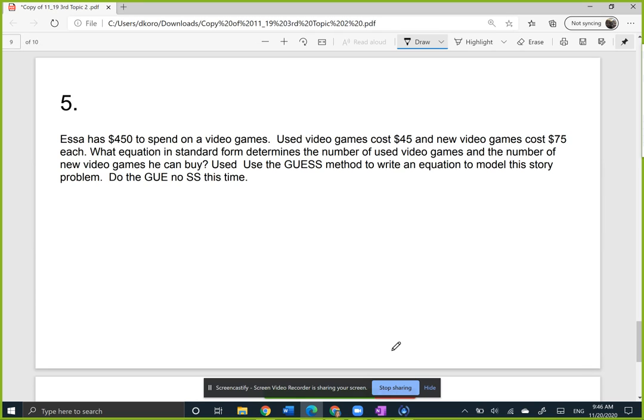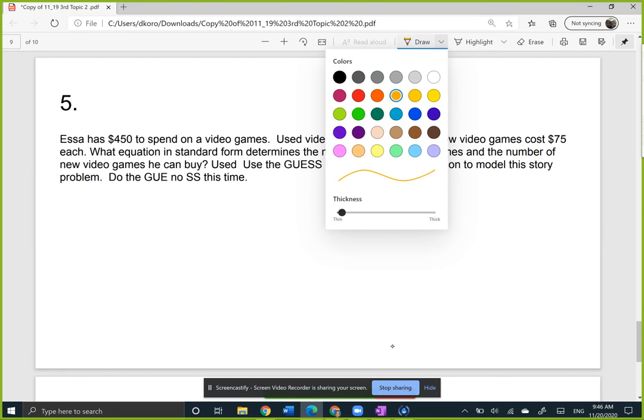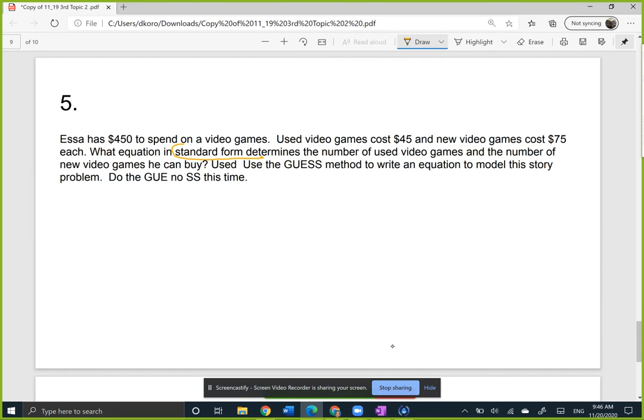What equation in standard form, so I want standard form, let's highlight that. Oh, it won't work. Standard form determines the number of used video games and the number of new video games he can buy. Use, that's too many words, the guess method to write an equation to model the story problem.